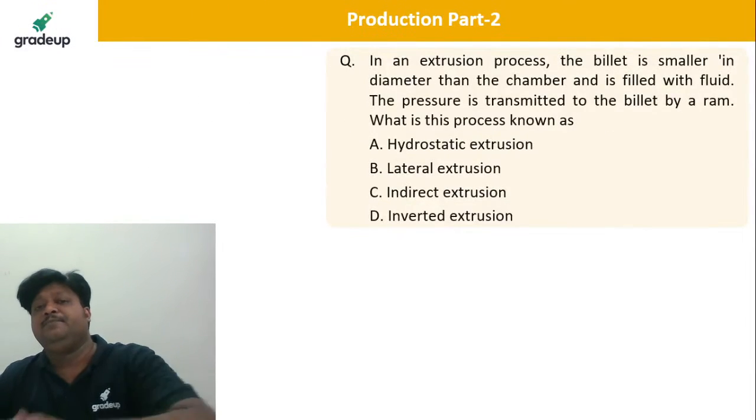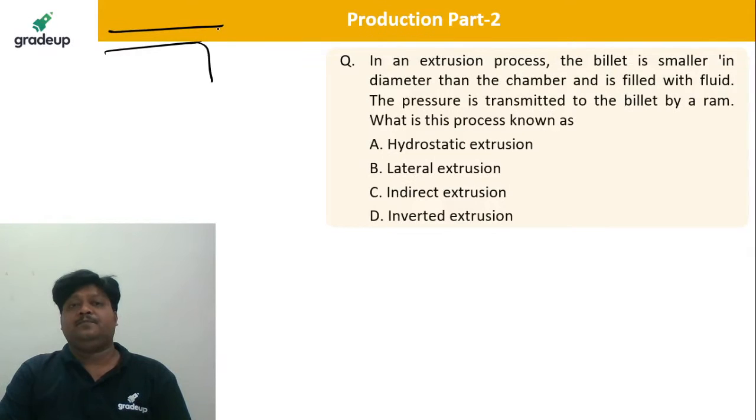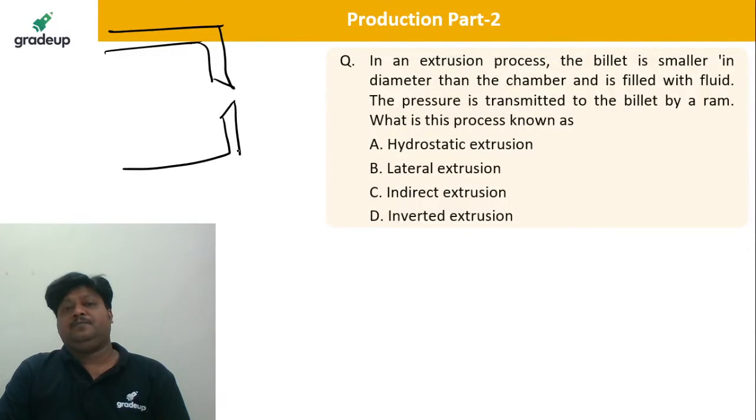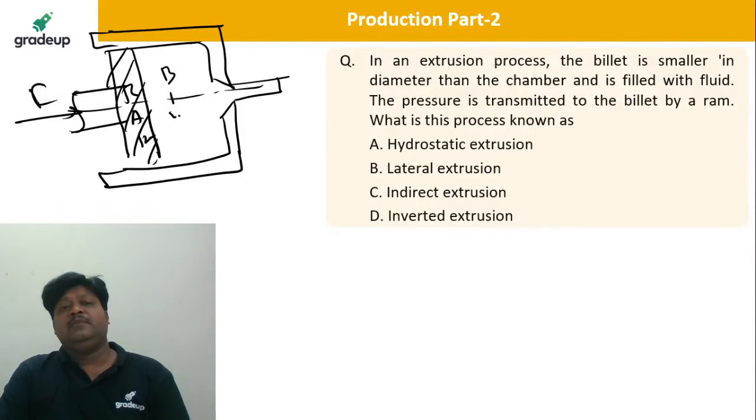Hope it is okay. Yes, tell me the answer for this question. This is your closed container, this is your ram, and this is the extruded product. This is the ram, you are providing the force, and this is your billet material.